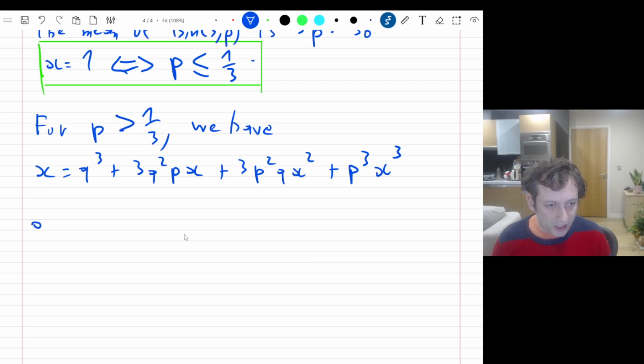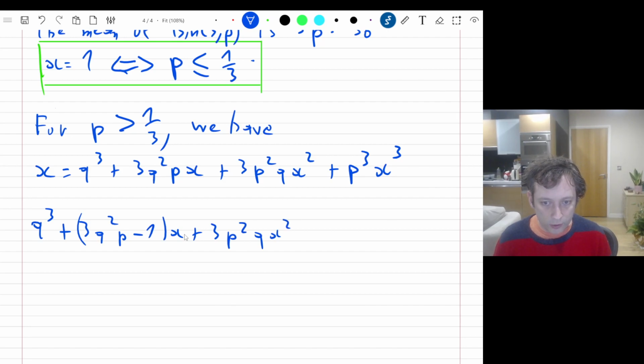So quick rewrite. We're going to write q cubed plus (3q squared p minus 1) x plus 3p squared q x squared plus p cubed x cubed equals 0.